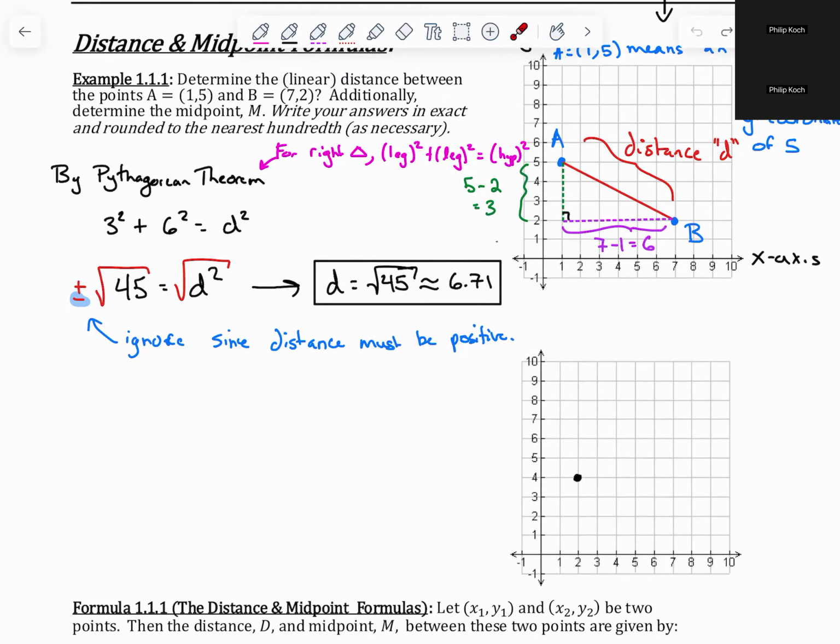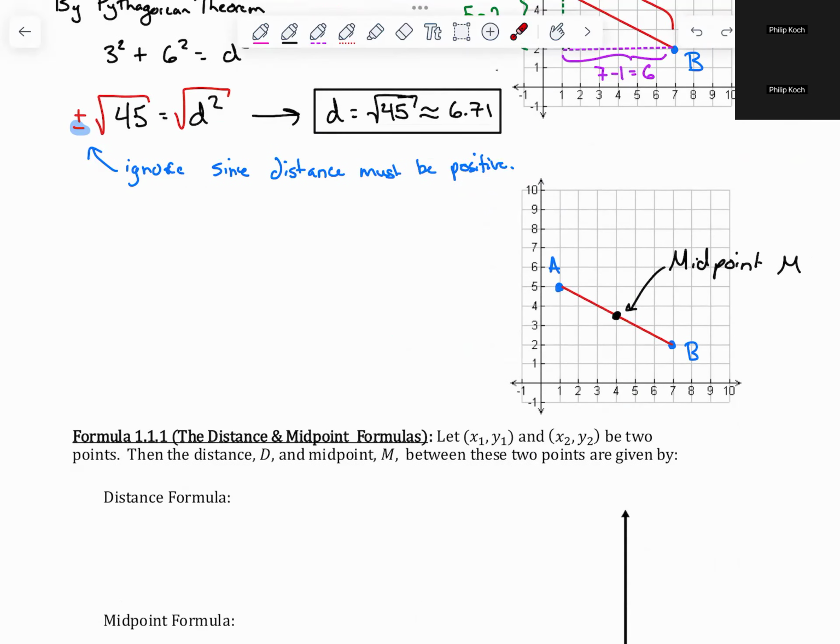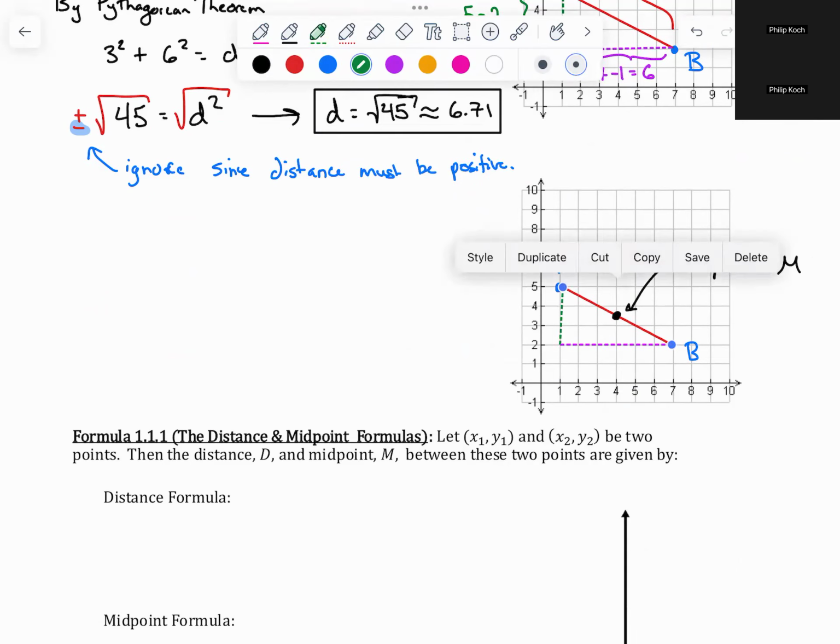So the midpoint, if you were to draw these lines again, this right here will be the average of the y coordinates.